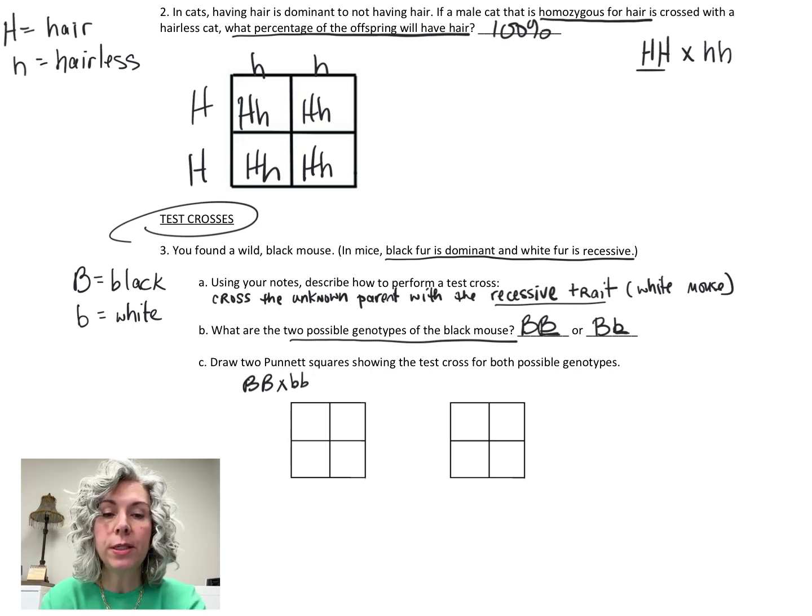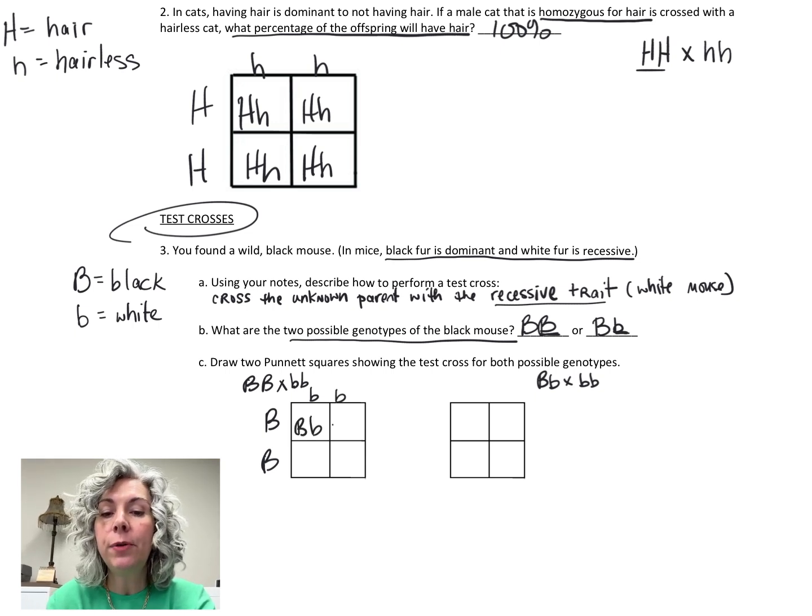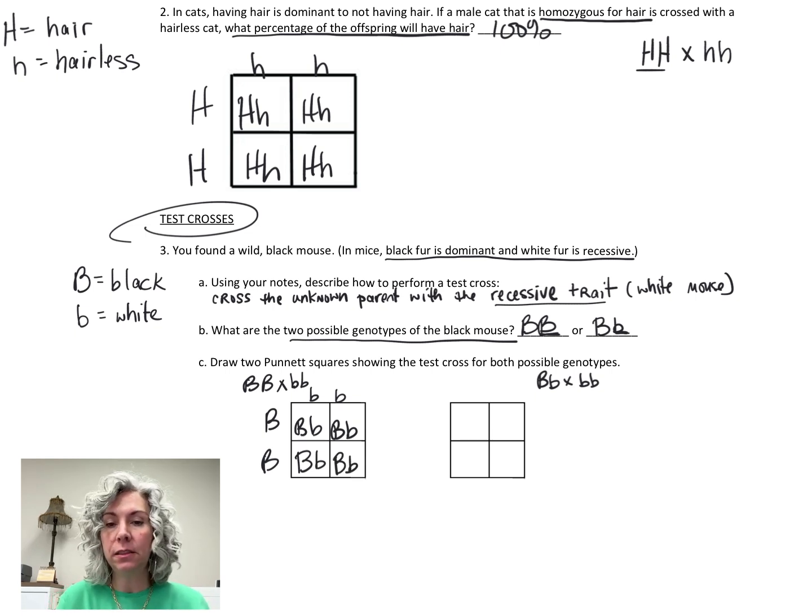Or we could be crossing big B, little b with our recessive traits. Okay, so we'll break these alleles down, big B down one side, 2 little b's across the top. Every one of these little mouse babies are going to be black. All the offspring is going to turn out to be black.